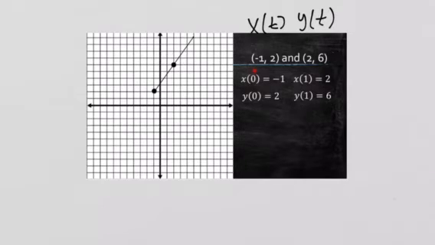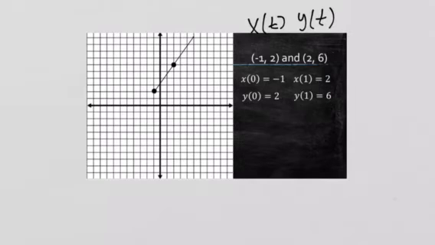So x of 0, our initial x value is -1, and y of 0, our initial y value is 2. And then the given information said after 1 second, the x value is 2, and after 1 second, the y value is 6. So in 1 second, I've traveled from -1 to 2 and 2 to 6.